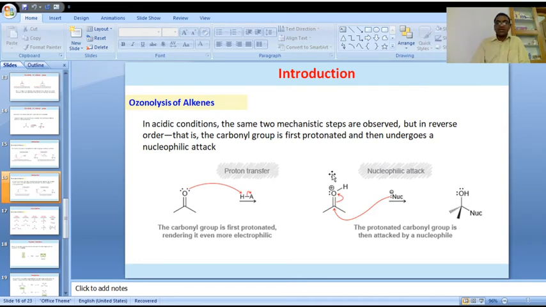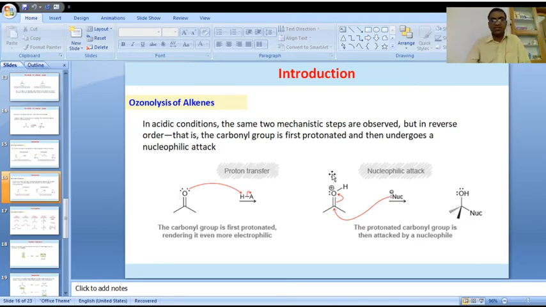On that intermediate, the attack of the nucleophile forms alcohols. The resulting compound is the same here also. In acidic or basic condition we get alcohols, but the reaction mechanism is different.